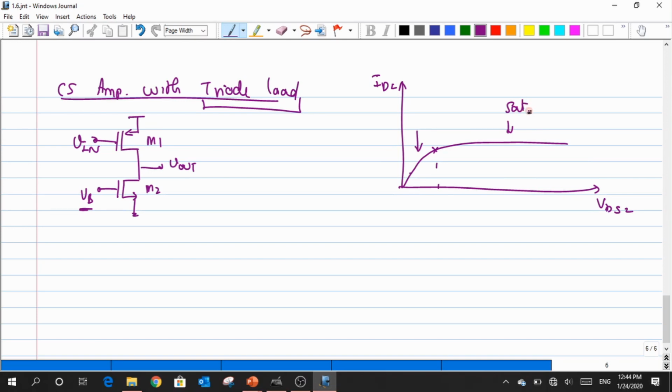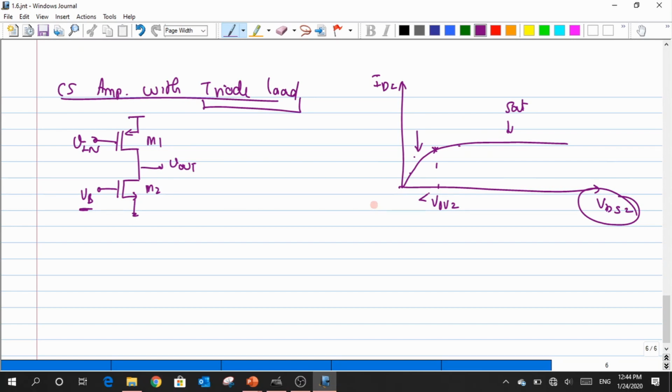I don't want to enter that. So what am I supposed to do? I have to work with my VDS. I somehow have to make my VDS2 less than VOV. The point that separates the linear from the saturation regime is nothing but the VOV of the second transistor, VOV2. Now I have to ensure that VDS2 is smaller than this particular value.